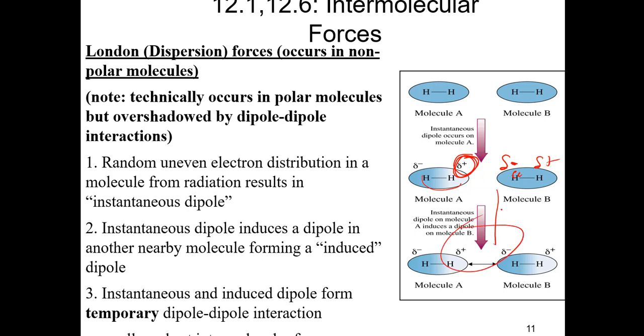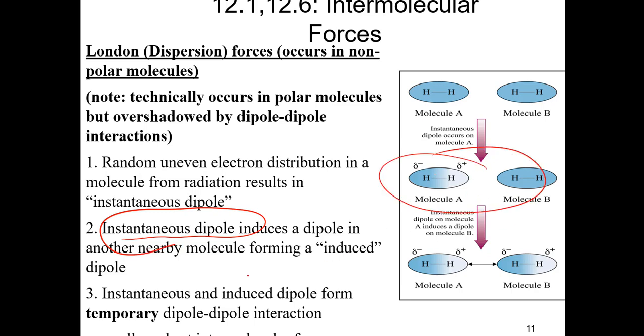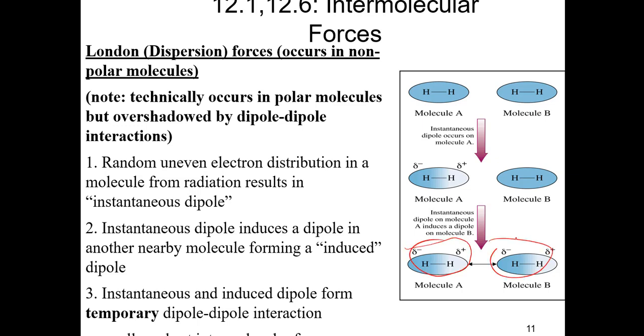So we call this an induced dipole. So we went from instantaneous dipole, which you need to know in this section right here, and then we went to induced dipole, which is right here. Now that they both have these temporary instantaneous and induced dipoles, then opposite charges will attract.